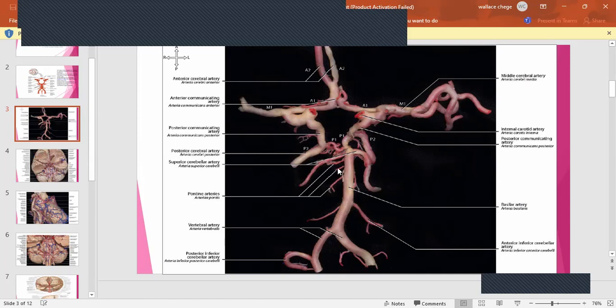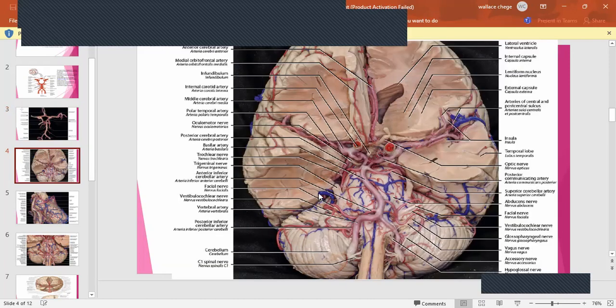This is an anastomosis between the internal branches from the internal carotid artery and from the vertebral basilar system. So I can show you where it is usually located. This is where it is usually located, in the interpeduncular cistern.